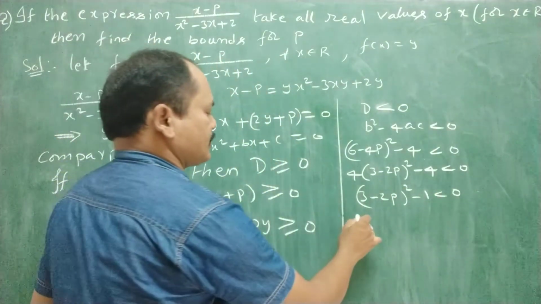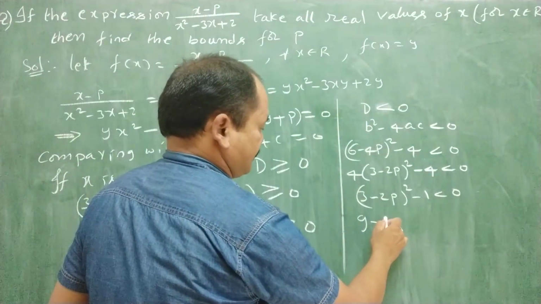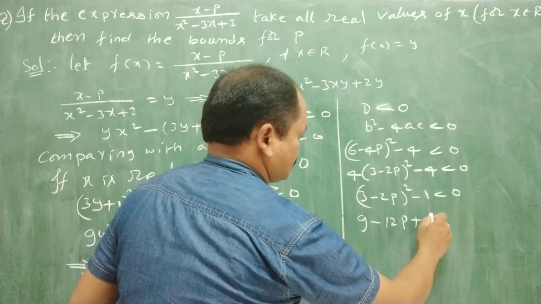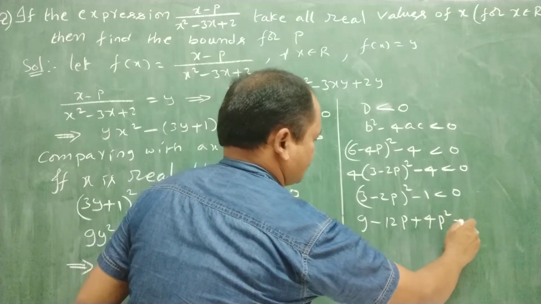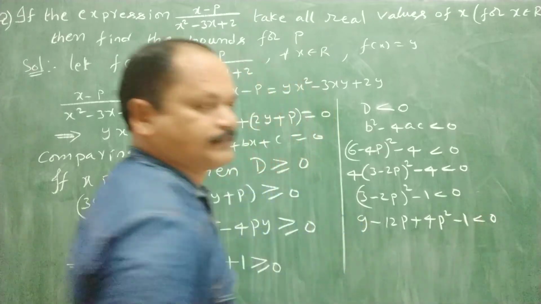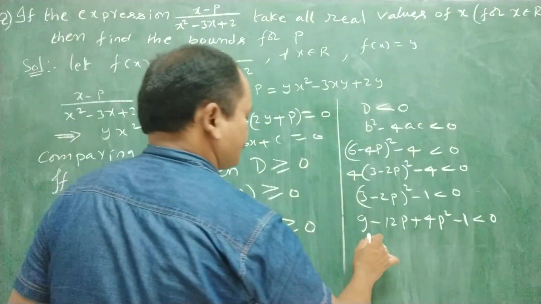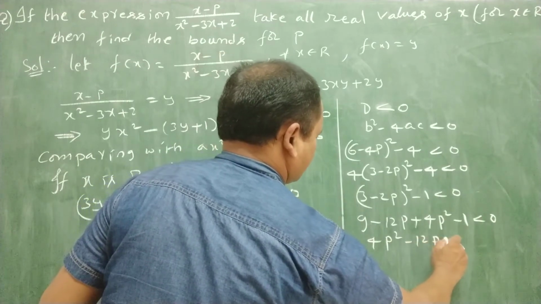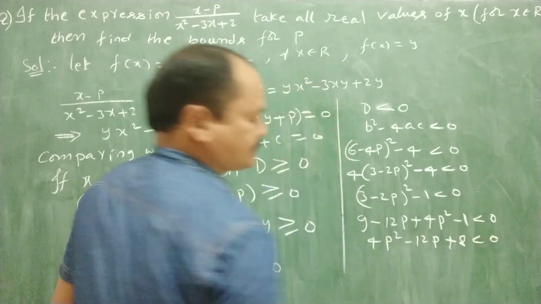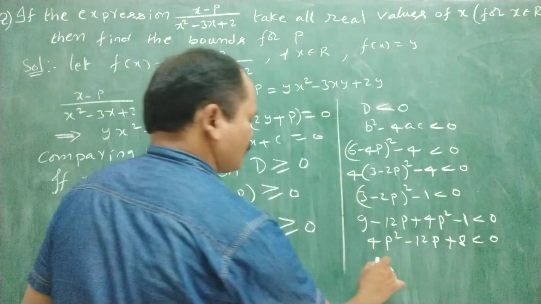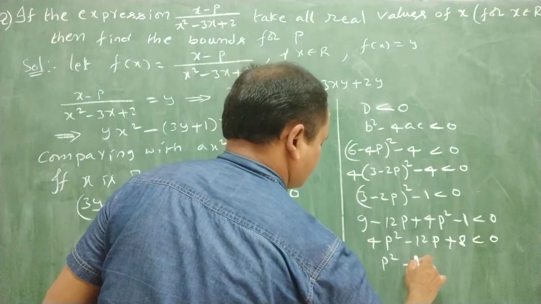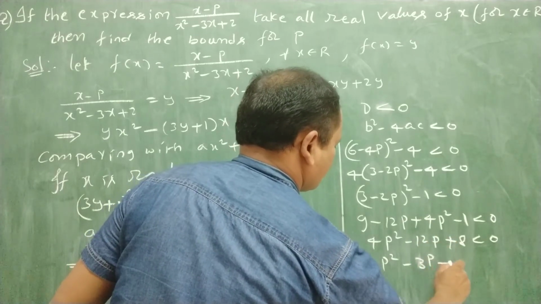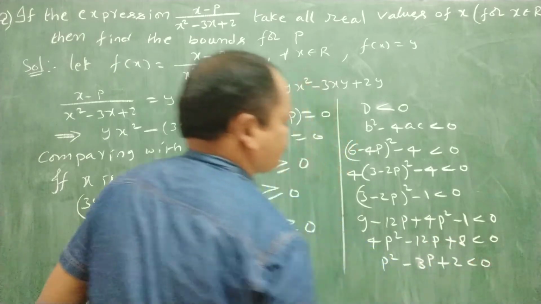Expand it: 9 minus 12p plus 4p square minus 1 less than 0. Now this can be written as 4p square minus 12p plus 8 less than 0. Now divide by 4, then p square minus 3p plus 2 less than 0.